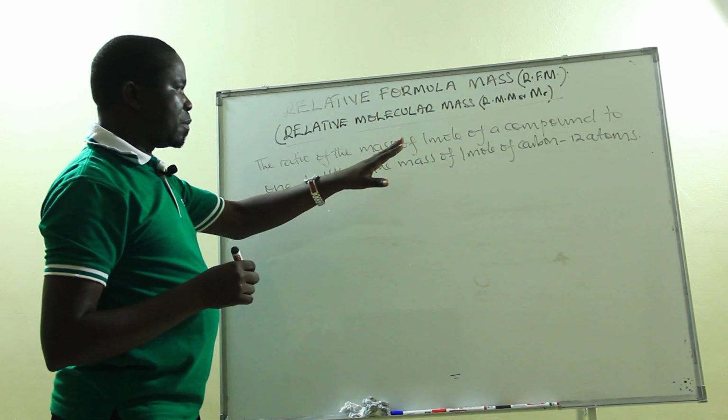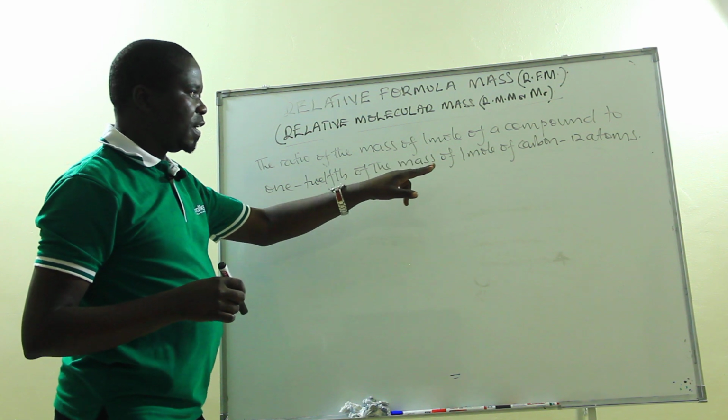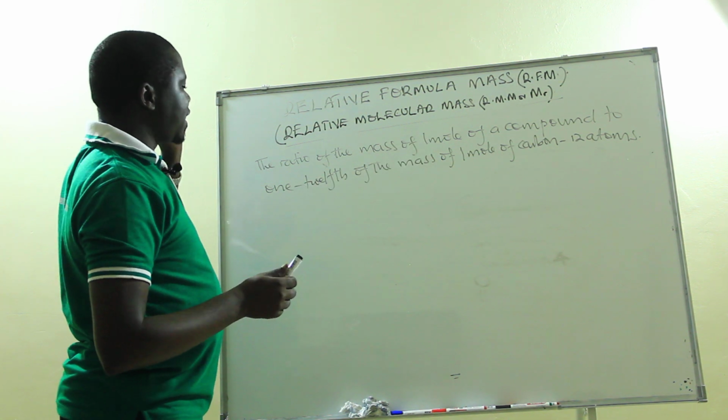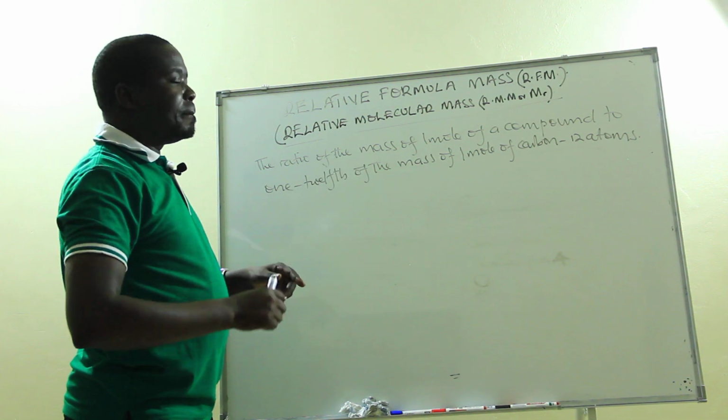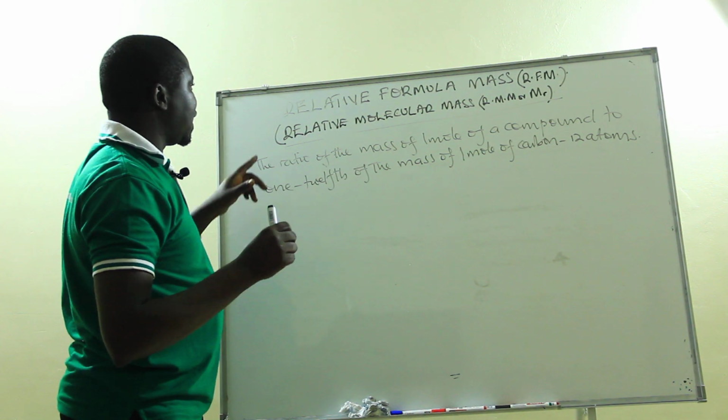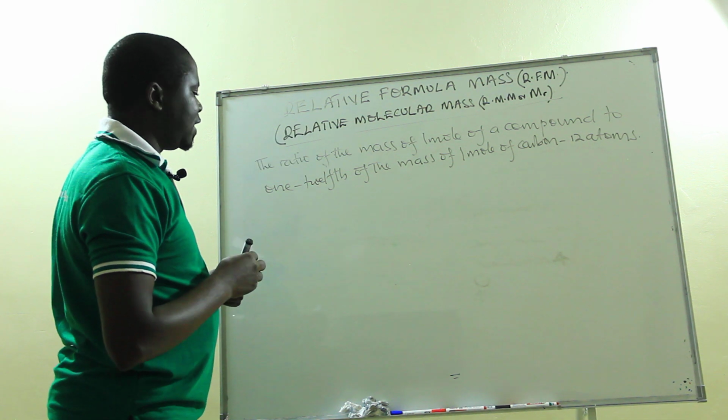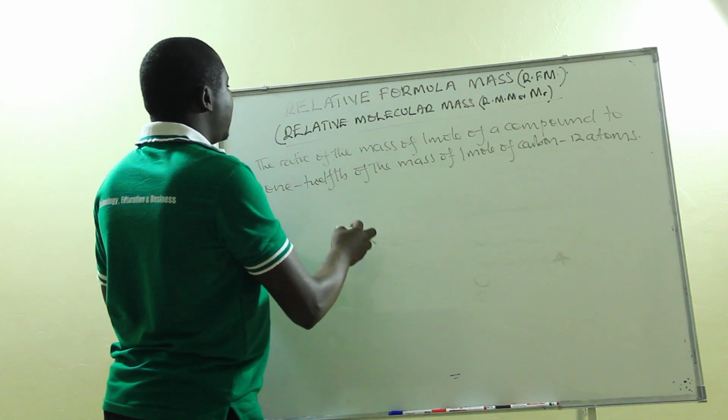This is what we call the relative formula mass of a compound. The ratio of the mass of 1 mole of a compound to 1/12 of the mass of 1 mole of carbon 12 atoms. So we shall not ask you to get it from the other expression which we saw, but you will have to calculate what we call the relative formula mass or the relative molecular mass of a compound.